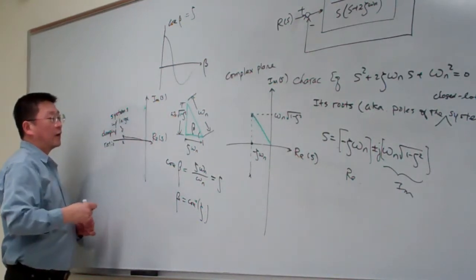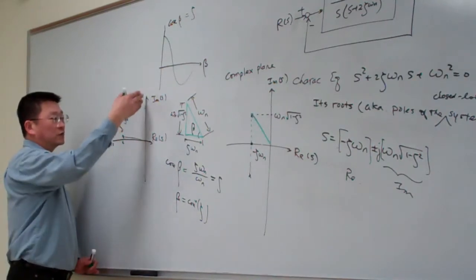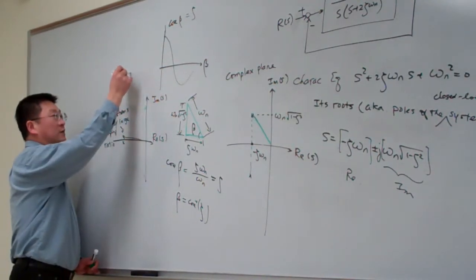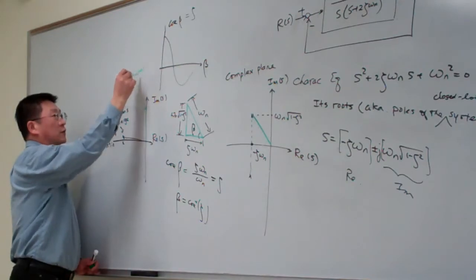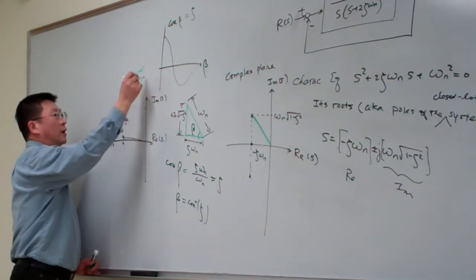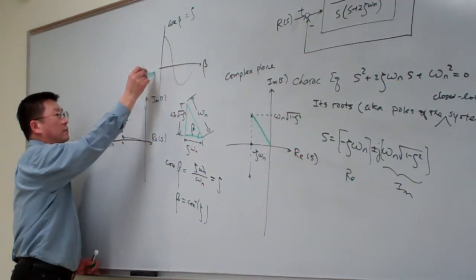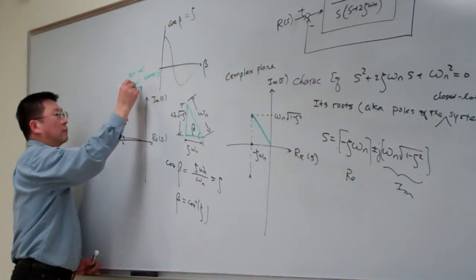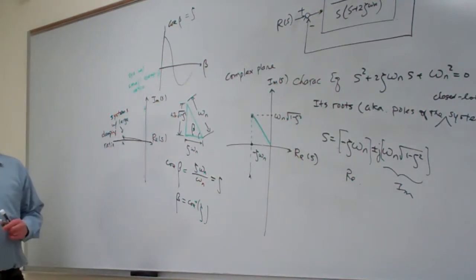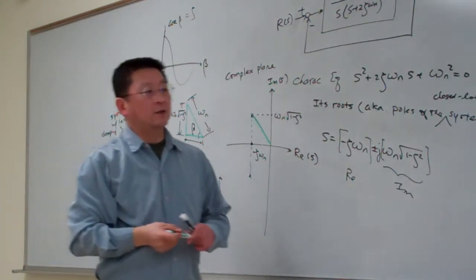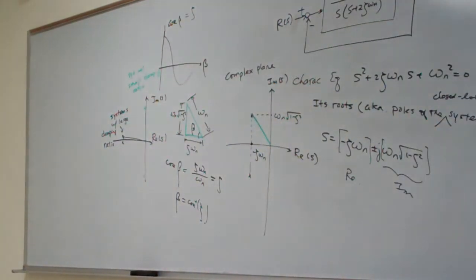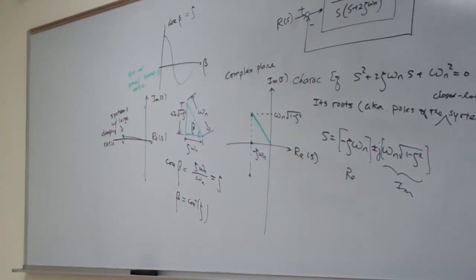Okay, so for the green one, that is very close to the imaginary axis, the systems with small damping ratio. Okay, so that is the feeling about building up the relation between the location of the poles and the complex plane.